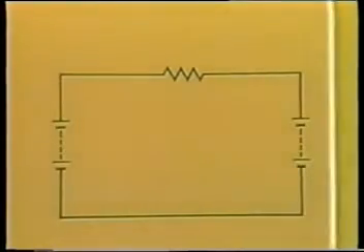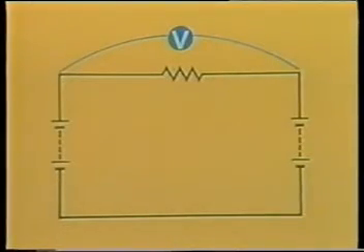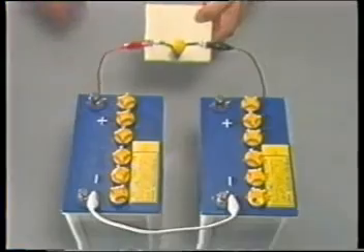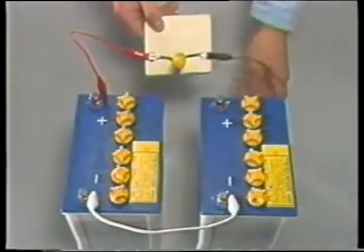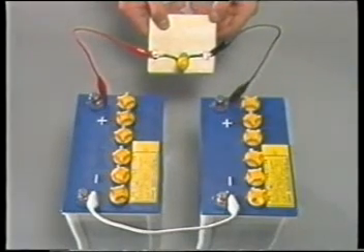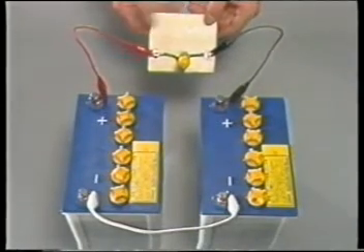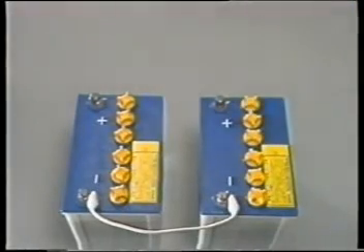Let's study this circuit next. What results do you expect from this circuit? The lamp does not go on. We check the voltage.